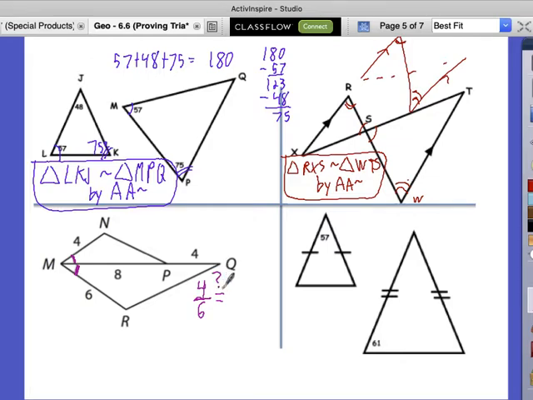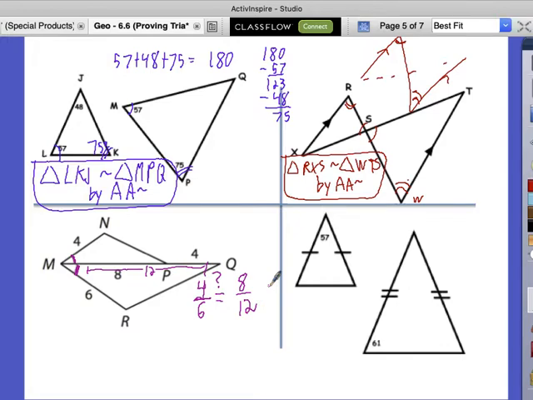We can see if that is equal to, what's this side of the small triangle? 8. Now what's the side of this big triangle? 12. How'd you get 12, Wyatt? 8 plus 4 is 12. Okay? So now, are these two sides proportional?